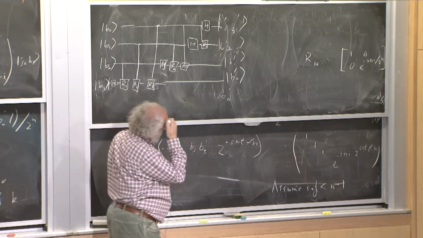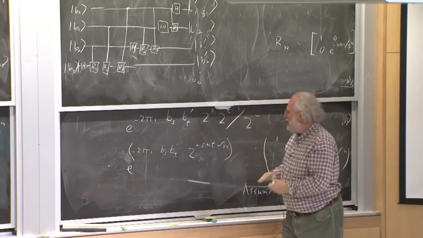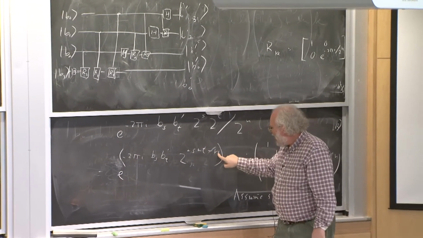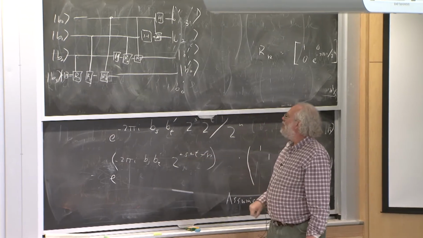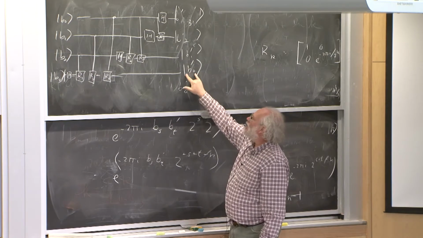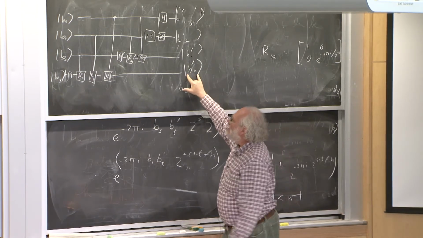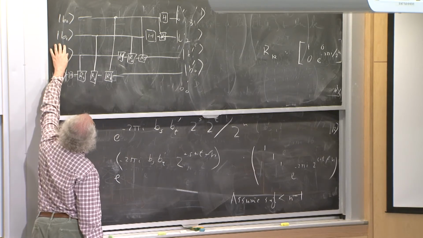So you want an R sub 3 because what this depends on is n minus s minus t. So here we have a b0 on the right. So that b0 prime on the right is interacting with a b1.